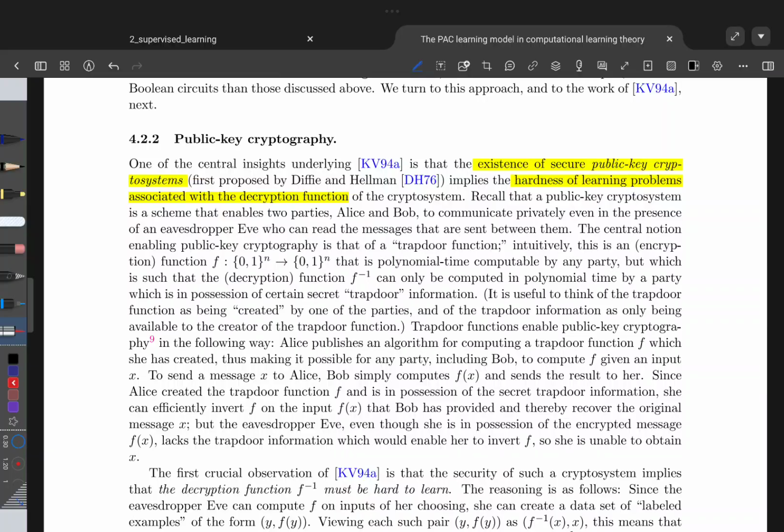For instance, in a public key crypto system, you want to design a function which is easy to compute in the forward sense: if I give you a message, there's a polynomial time function which encrypts it, but without some additional information, there's no polynomial time algorithm to decrypt the message if you know only the encrypted text.